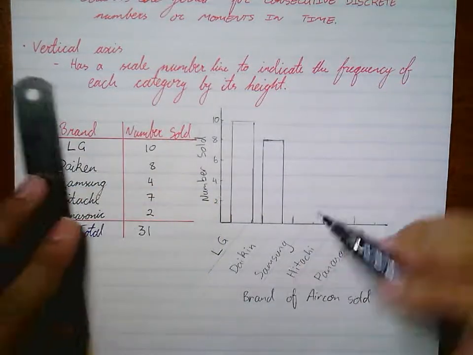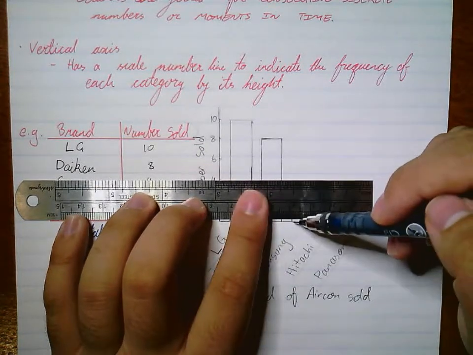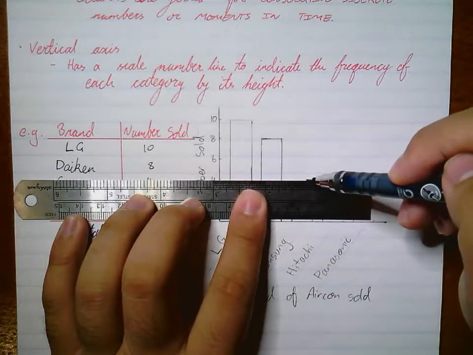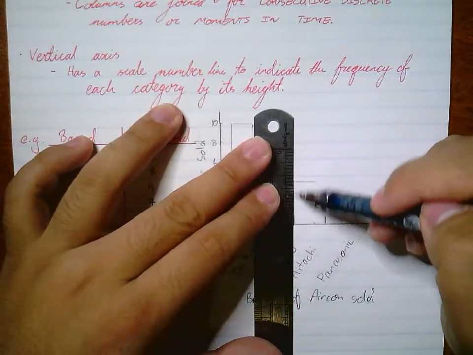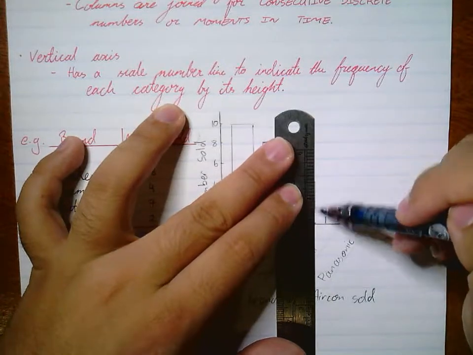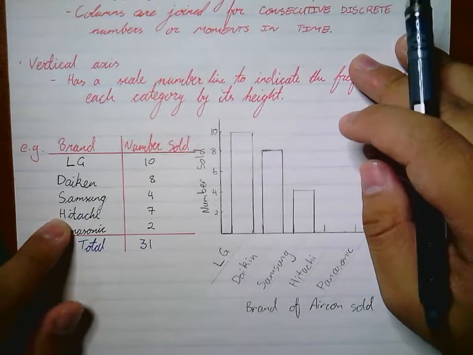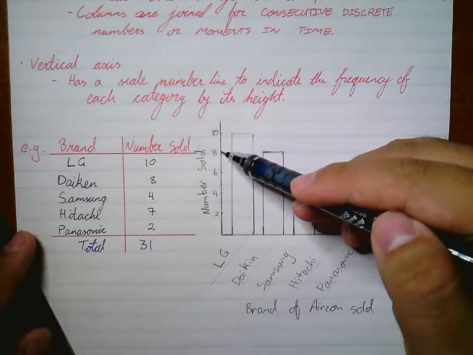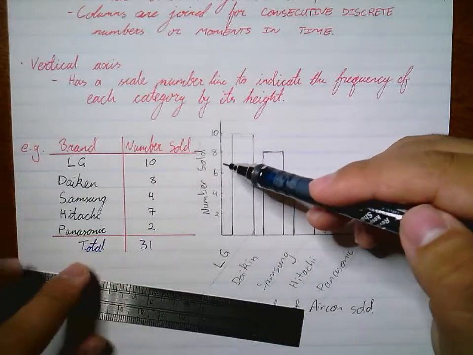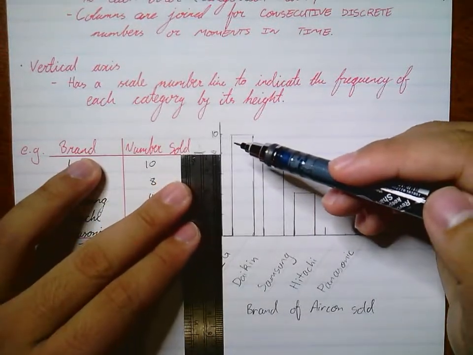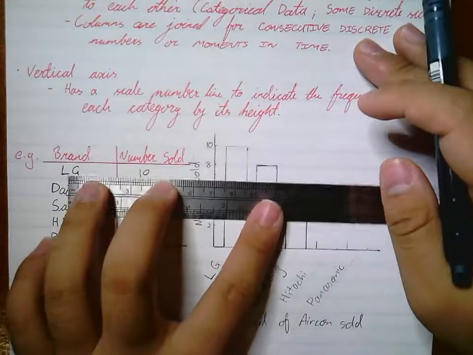Samsung with 4. Samsung's around about here. There we are. Samsung with 4. Hitachi with 7. Since there's no 7, we want to go right in between the 8 and the 6. So since they are a centimeter apart, we'll take this half centimeter in.